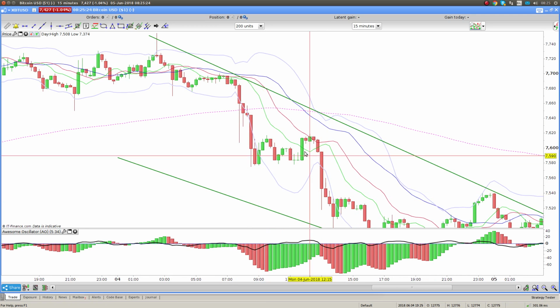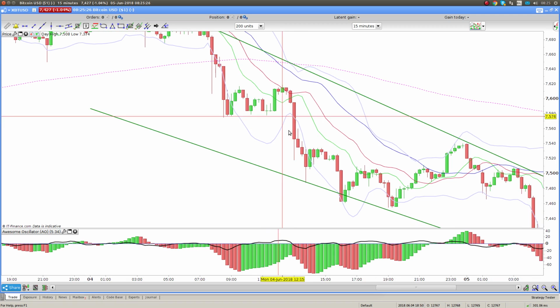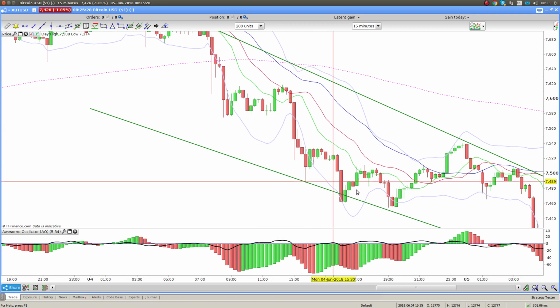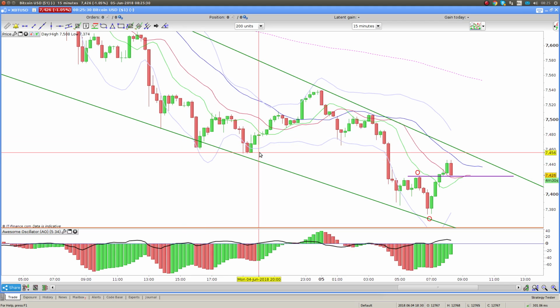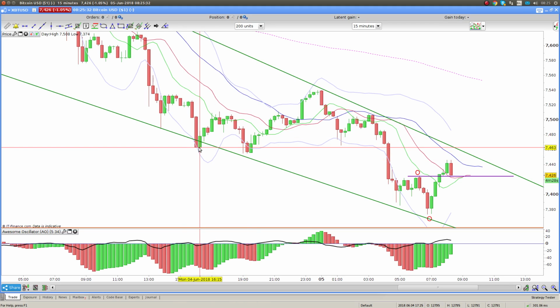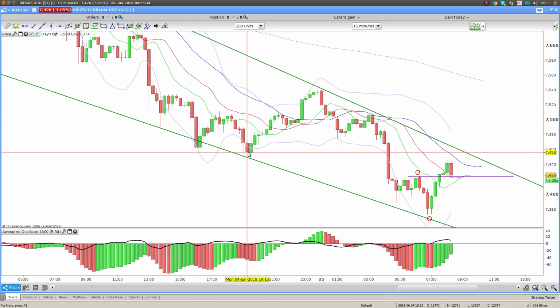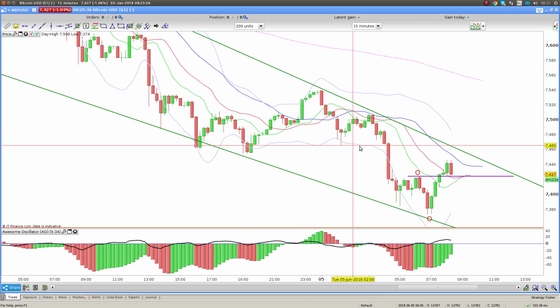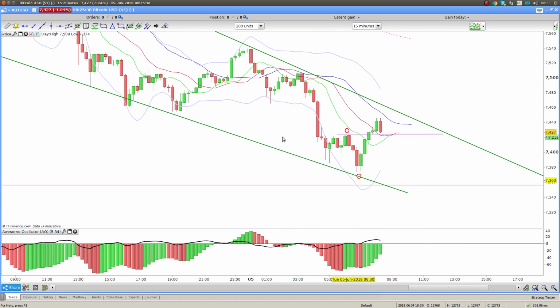We broke to the downside below the red line, so we are trending to the downside. You can see how it keeps moving to the downside. And every fractal break, there's another fractal break there. Here's a fractal break. Here's a fractal break. And you can see how price moves to the downside. So for price to continue moving to the downside, you'd look for a break of this fractal.